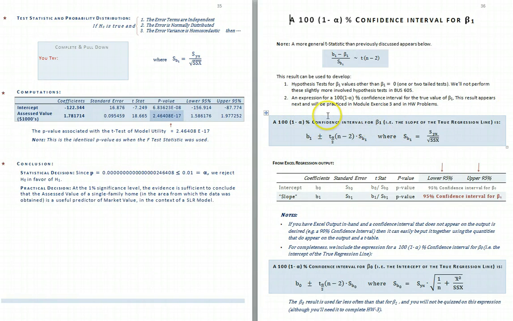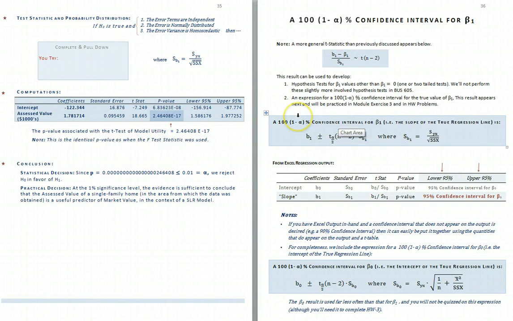In this expression, B1, the slope of the estimated simple linear regression line, is at the center of the interval. The quantity T alpha over 2, n minus 2, times SB1 is subtracted from B1 to obtain the left-hand endpoint of the interval, and then is added to B1 to obtain the right-hand endpoint.